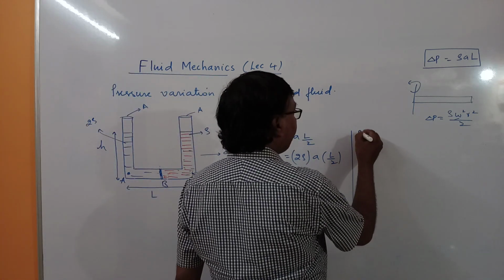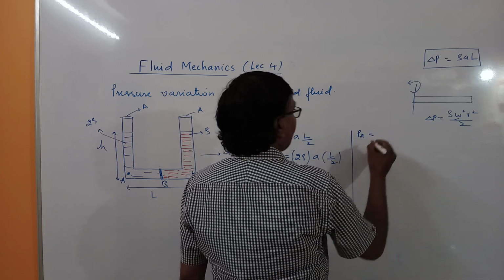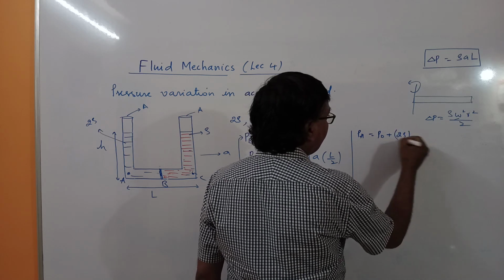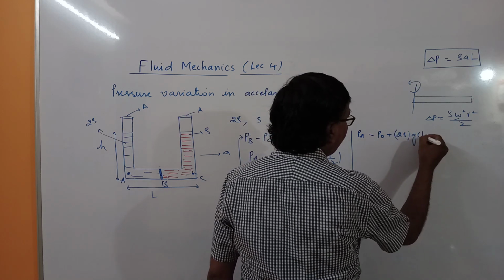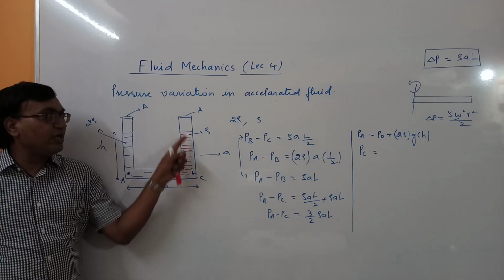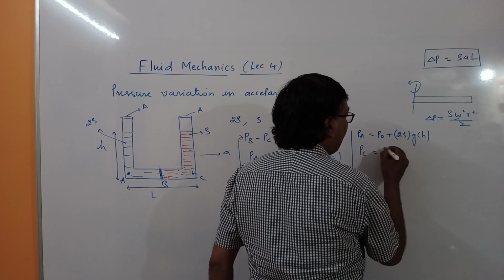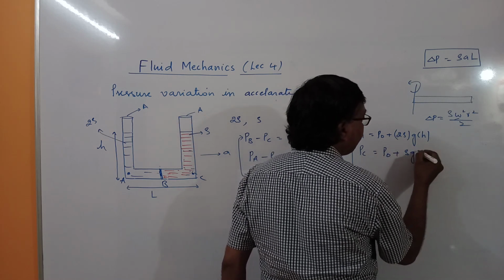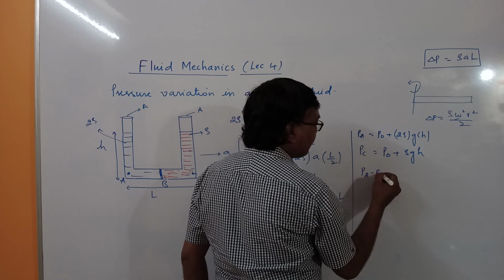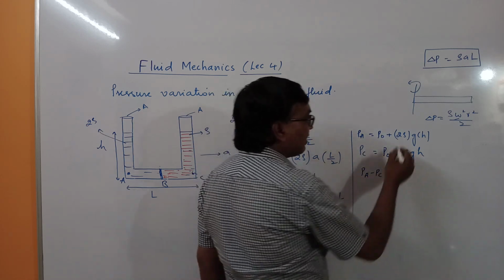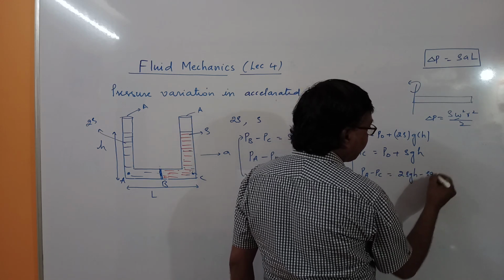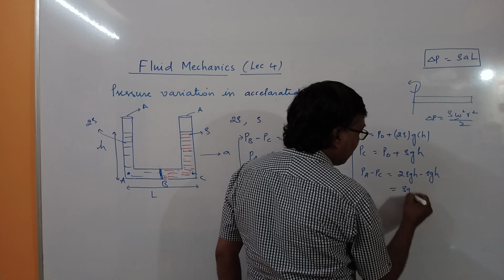So PA is P naught plus density 2 rho into G into H. Then PC, the pressure at point C, is due to this fluid and atmosphere, so P naught plus rho G H. The difference in pressure, PA minus PC: P naught will cancel, and here we have 2 rho GH minus rho GH, so that comes out to be rho GH.